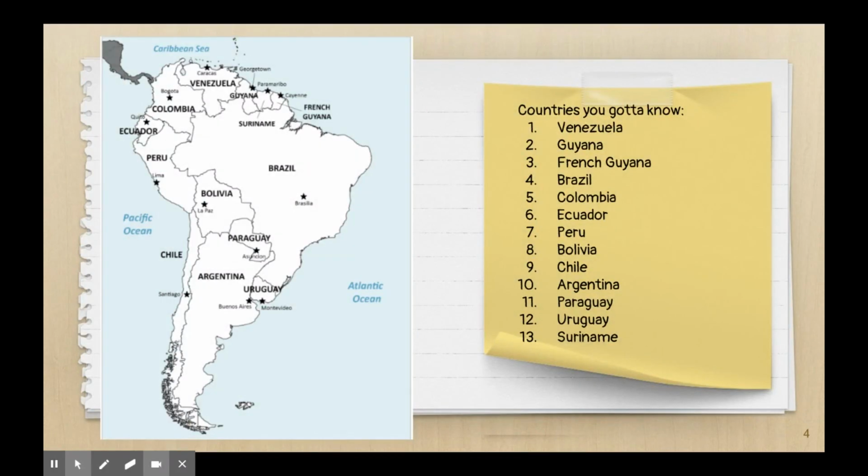So some countries you got to know in South America include Venezuela, Guyana, French Guiana, Brazil, Colombia, Ecuador, Peru, Bolivia, Chile, Argentina, Paraguay, Uruguay, and Suriname.